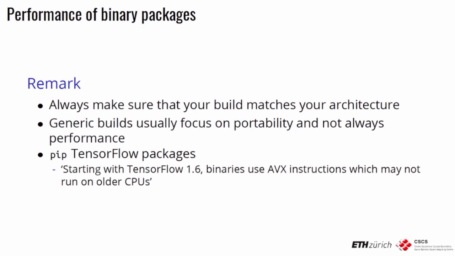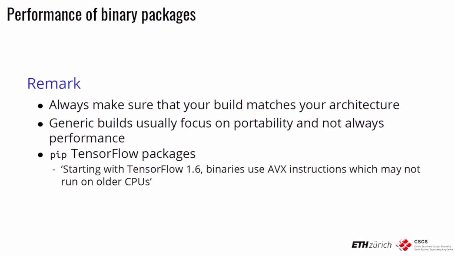So this is a general remark about performance. I'm really stressing this part because sometimes we have people using binaries that don't match the architecture, and this is quite a waste of resources. It is okay for small tests, but once you're running production work on a large-scale system, you need to always make sure that your binary matches your architecture.